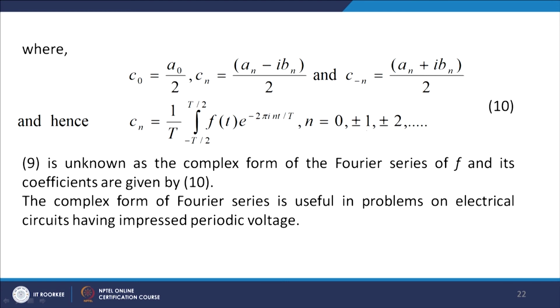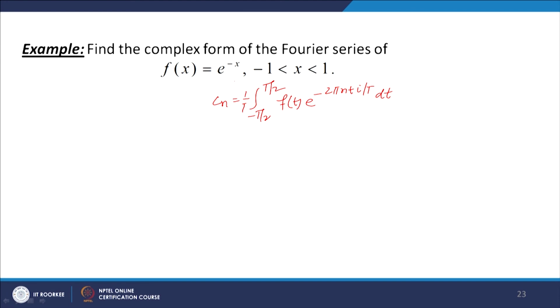Okay. So, let us put here f(t) equal to e to the power minus t, T is equal to 2. So, we get 1 over 2, integral from minus 1 to 1. Okay. T is equal to 2 here, and f(t) is equal to e to the power minus t. So, we get e to the power minus 2πi n t divided by 2 dt.